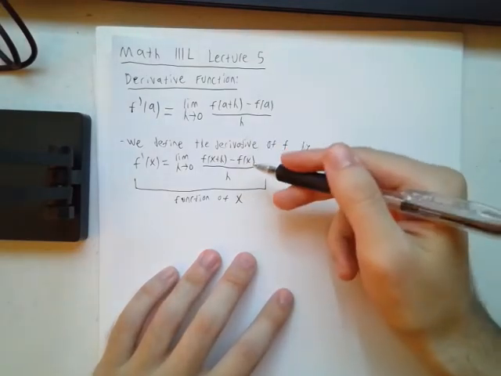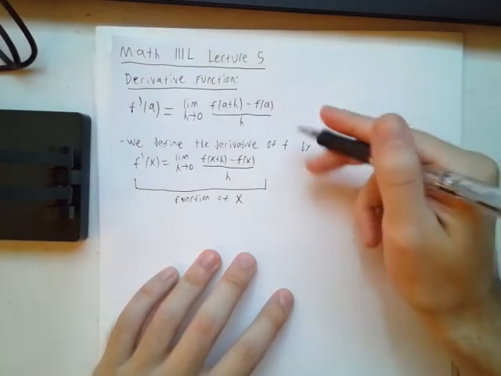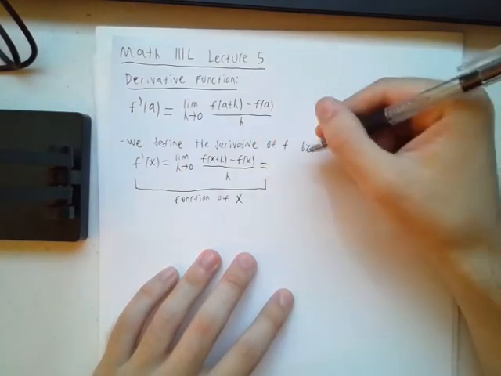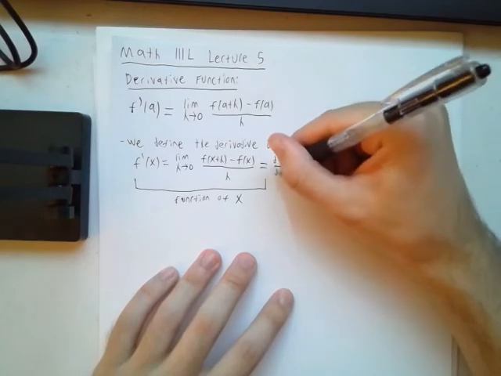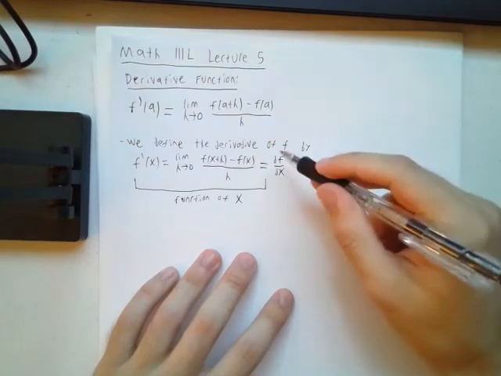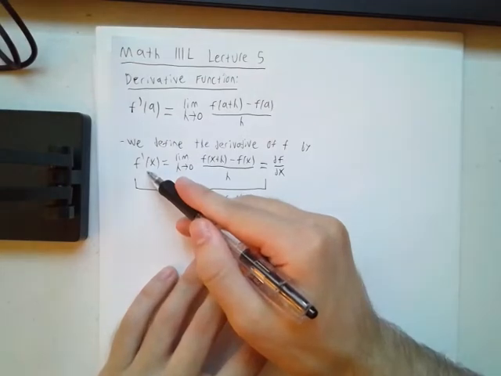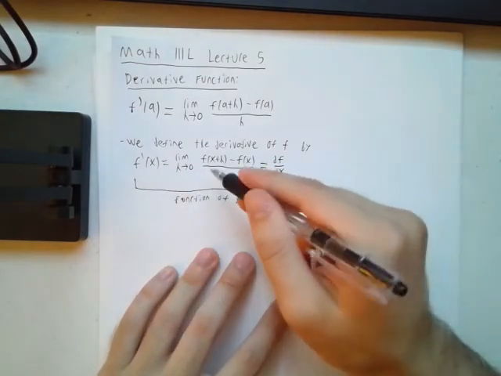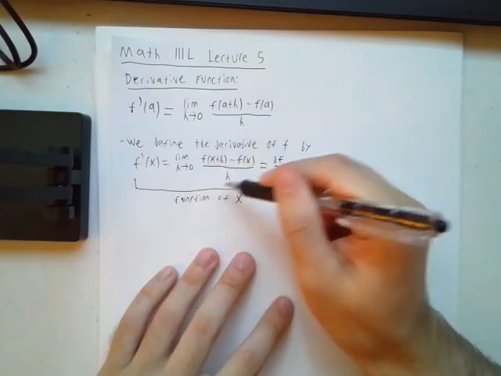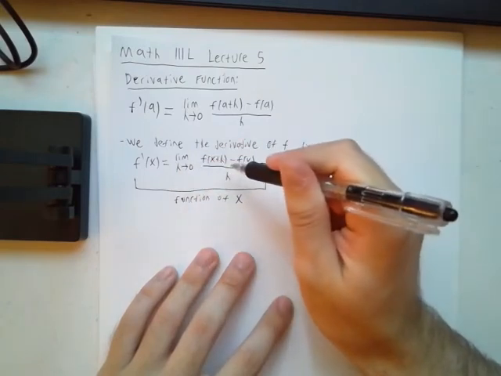By the way, just like we had for the derivative at a point, there's an alternative notation using the Leibniz notation. We sometimes also write this as df/dx. So df/dx and f prime of x are two equivalent notations for the derivative of a function, and the definition is through this limit of difference quotients.